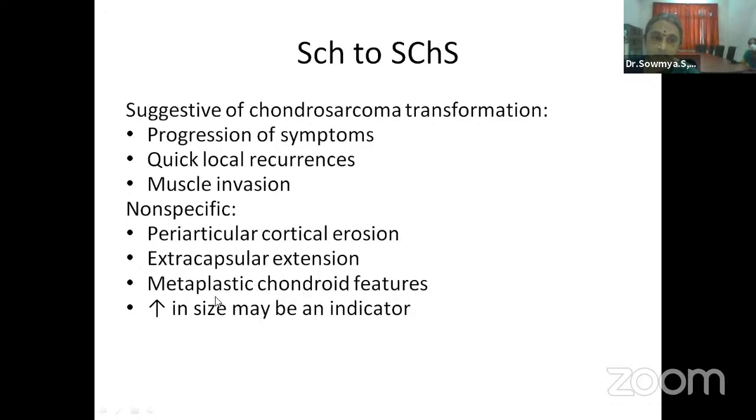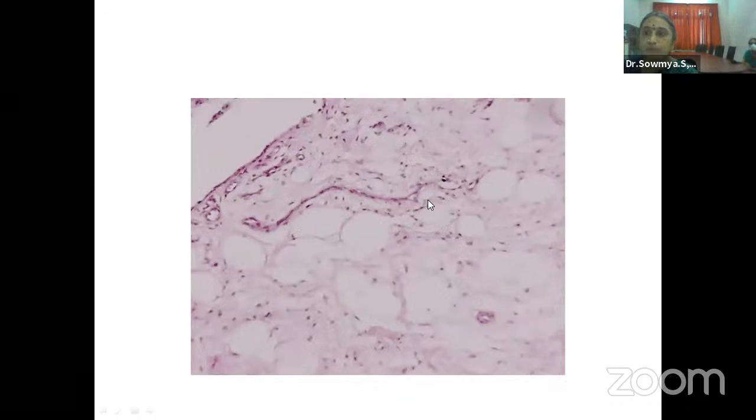So these are non-specific changes, but a sudden increase in size can be an indicator of a transformation, not a slow progression. So we have to be careful in looking into the biopsy if at all we are seeing the chondroid metaplasia.